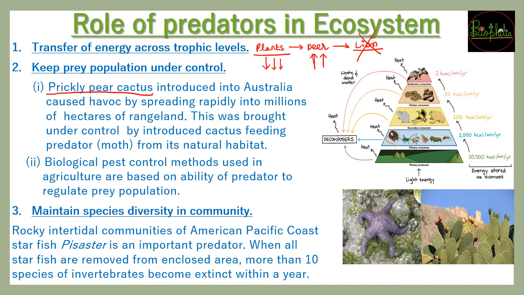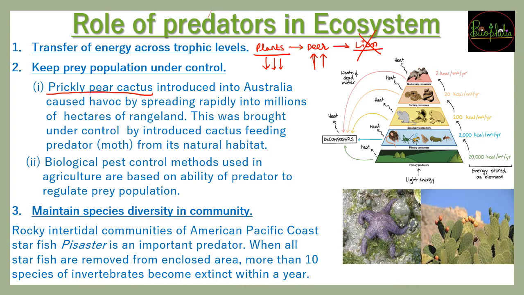And what happened, since it was a prickly pear, वहाँ पे बहुत ज़्यादा thorns थे onto this cactus, there was no one who could graze onto it, and it had a very fast moving life cycle कि वो बहुत जल्दी जल्दी अलग अलग जगहों पे spread होते थे, and because of that it was a very harmful, a very havoc task, that all these are spreading very fast.